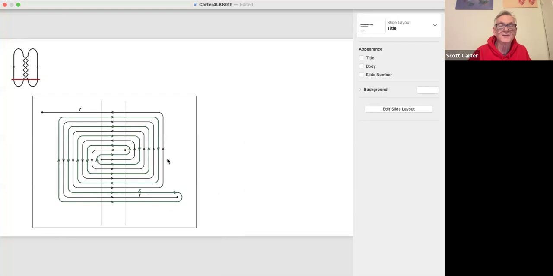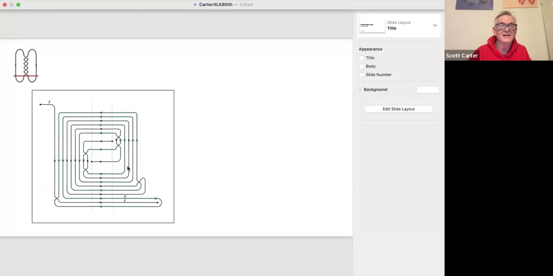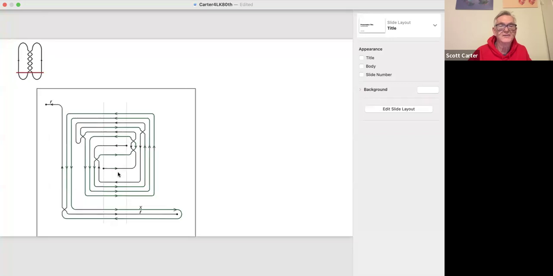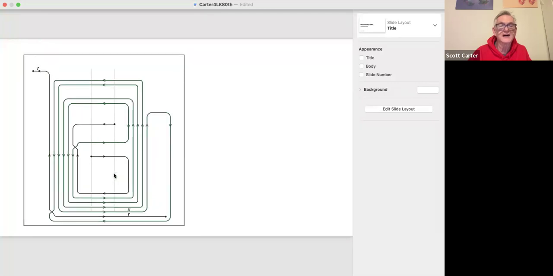But this chart is kind of messed up. What I can do is I can take the relations in the group and add a pair of them, and then add some more, do some type 2, analogous to type 2 saddle moves, and keep moving that around until I get to here.